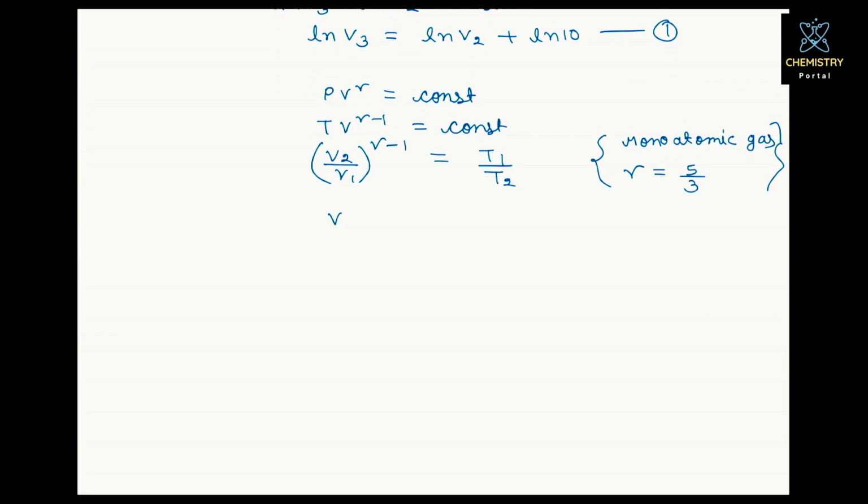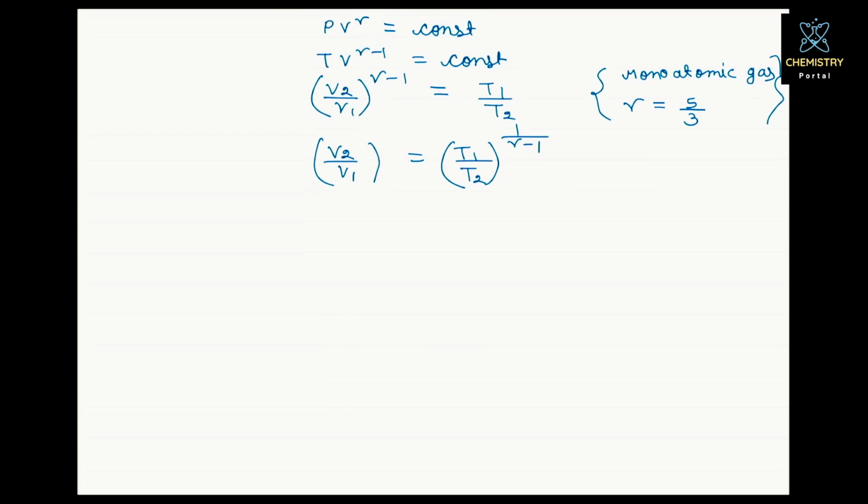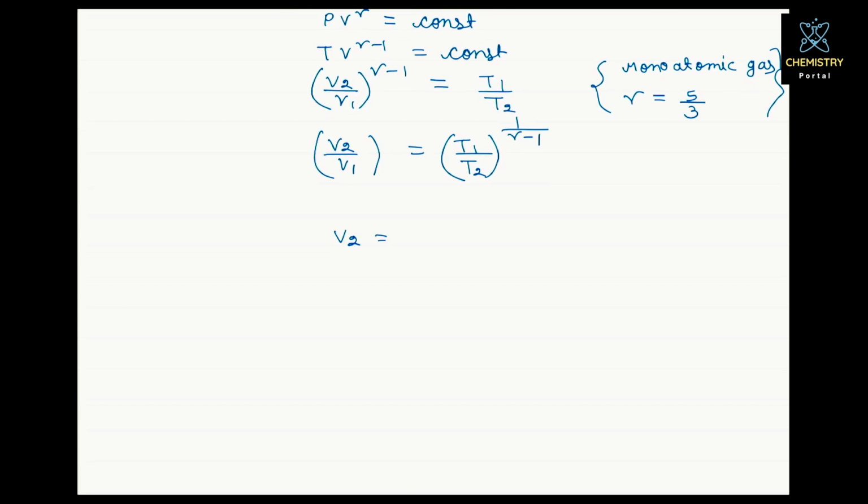So V2 divided by V1 equals T1 by T2 power 1 upon gamma minus 1, so V2 is equal to V1 into T1 by T2 power 1 upon gamma minus 1.